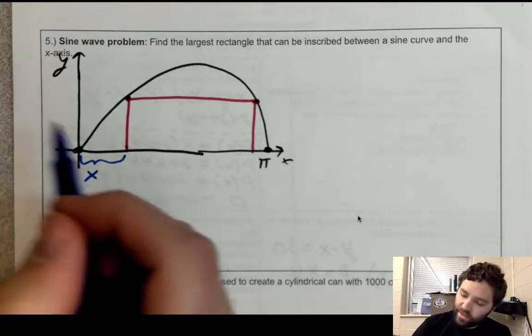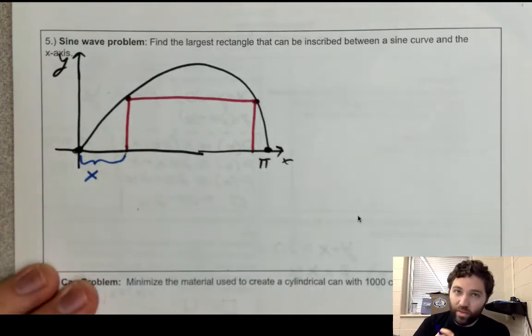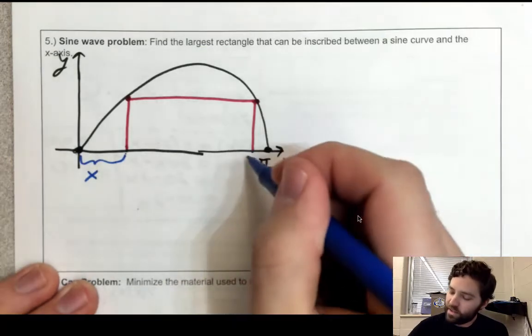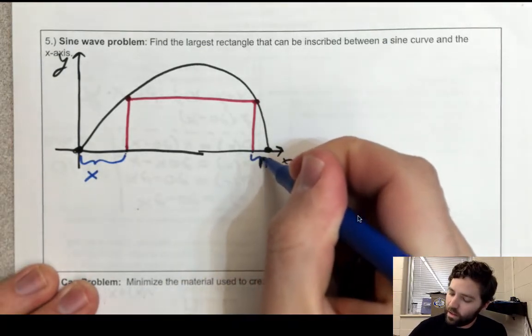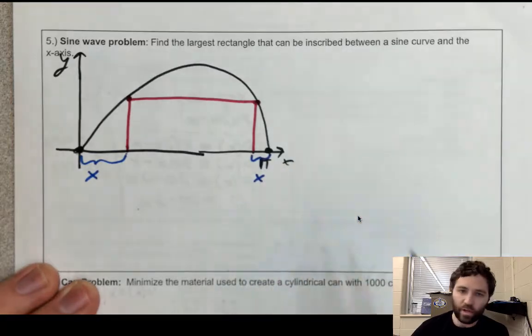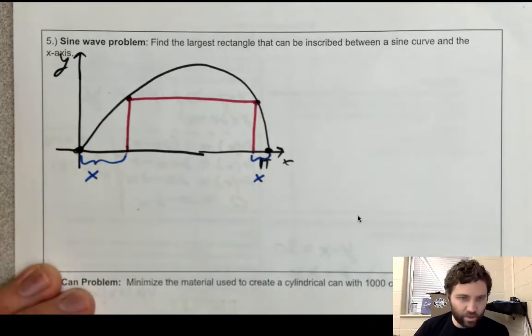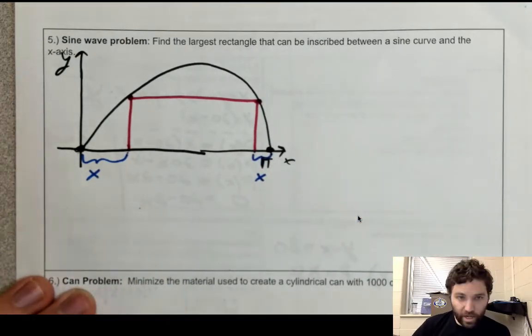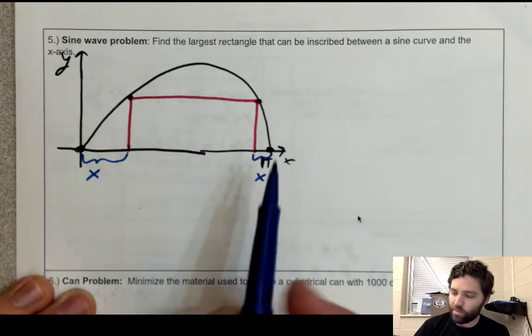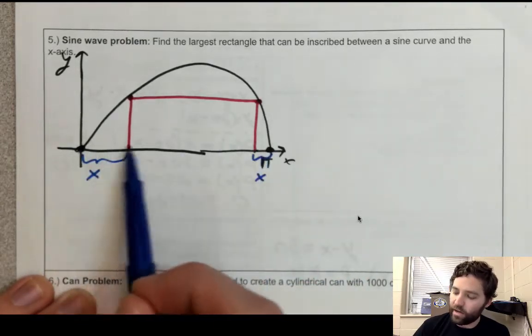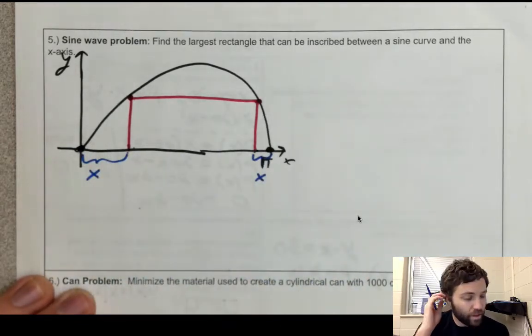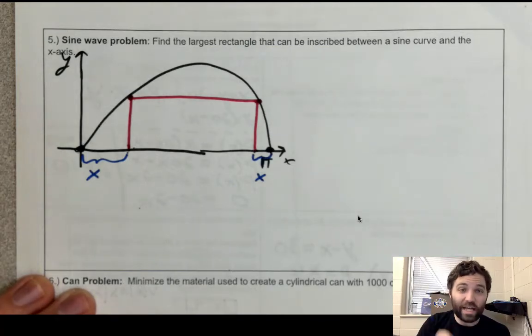Okay, so if this distance is x, the only way that this is going to be a rectangle is if this distance right here is the same. Otherwise, it wouldn't be a rectangle. I know I've got a bad picture, but you get the idea here. Your picture is probably better. But anyway, the gap here and here has to be the same. So if that's the case, then we can get the length of our rectangle, at least abstractly.